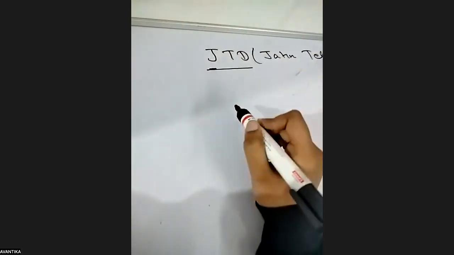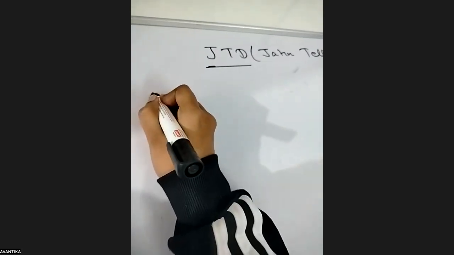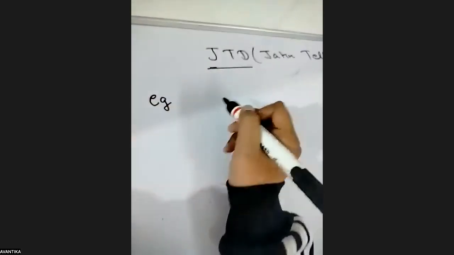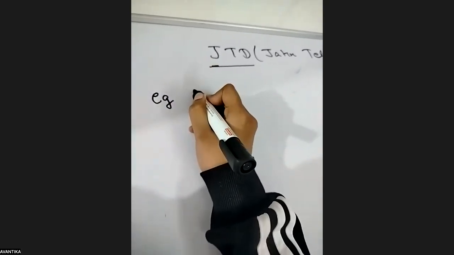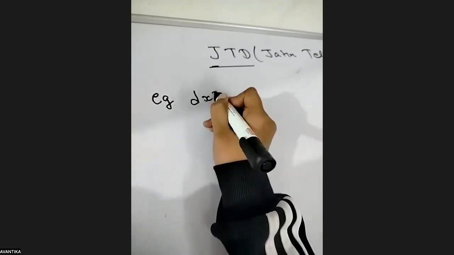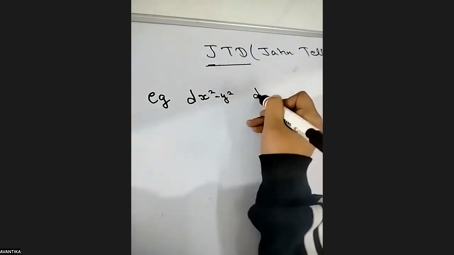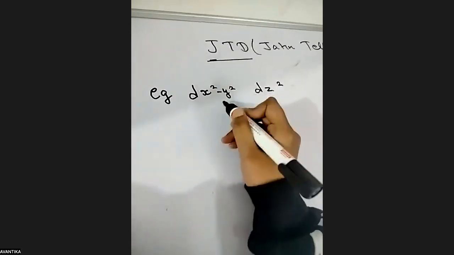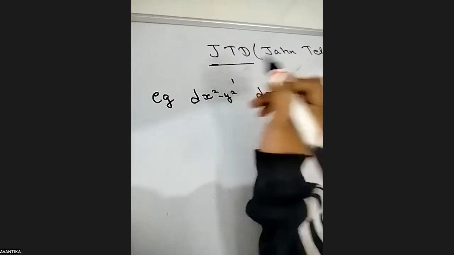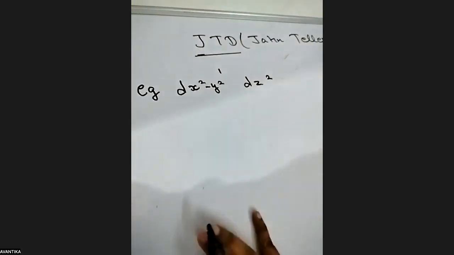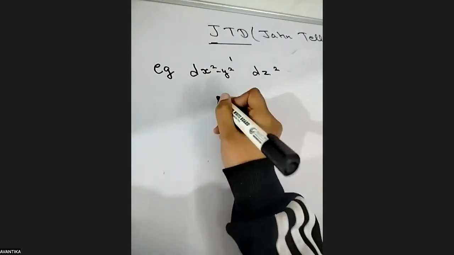In the case of the eg orbital, there are two possibilities when we fill one electron: it can be in dx square minus y square, or it can be in dz square. Suppose one electron is in dx square minus y square, then we draw the orbitals.